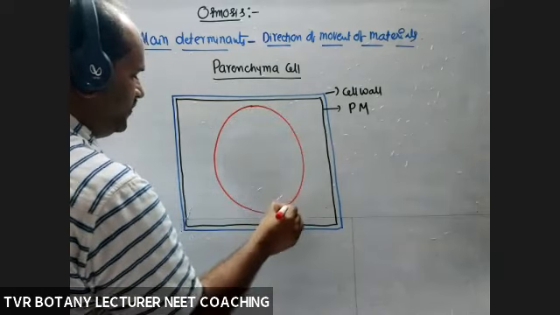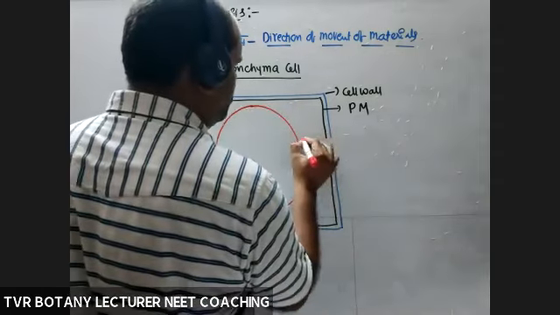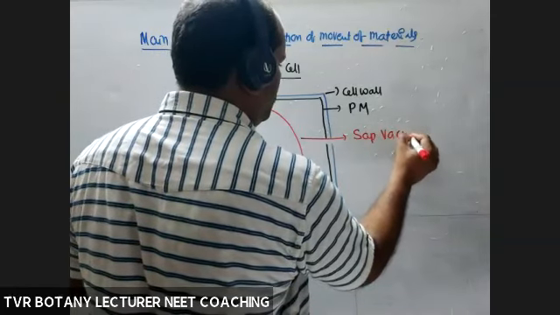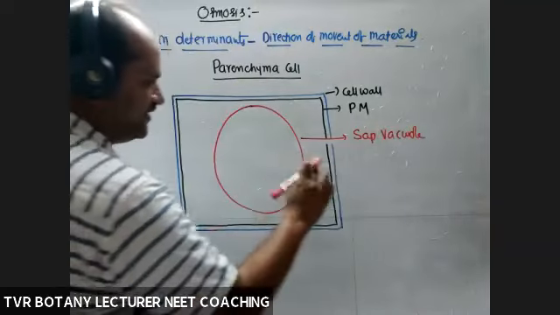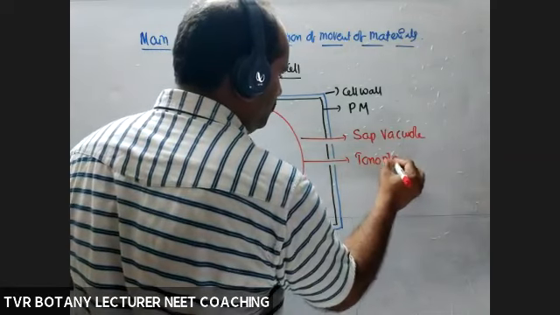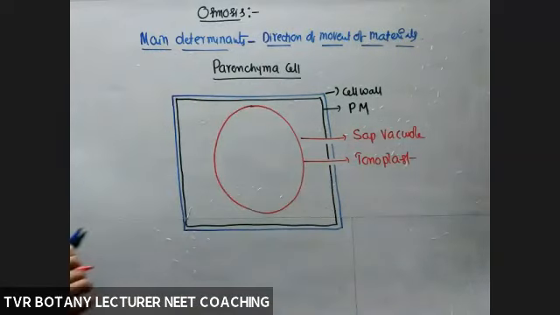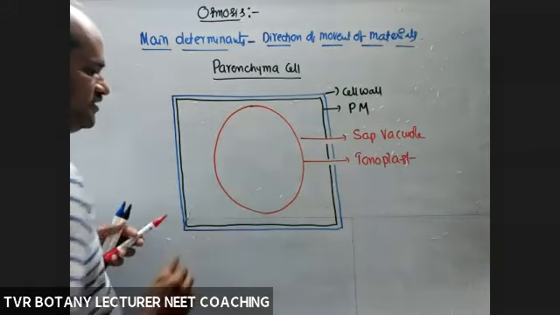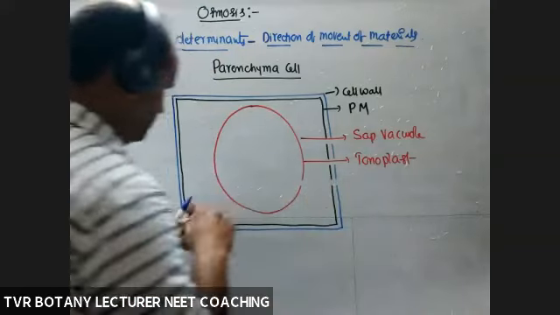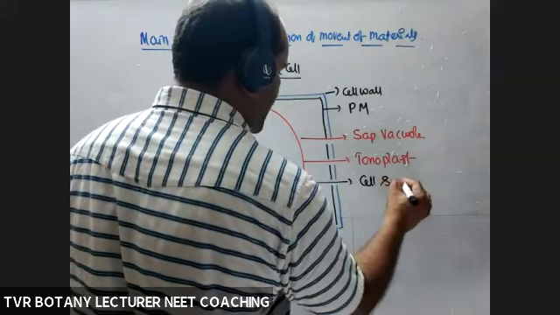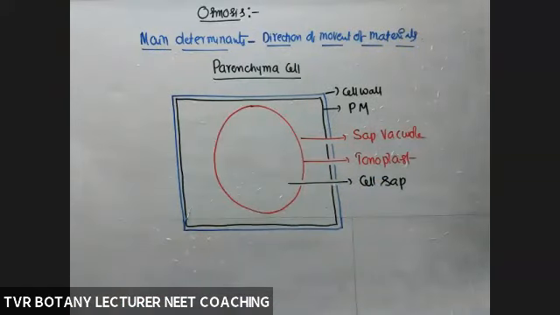This is a sap vacuole, and this membrane is the tonoplast, the membrane of the vacuole. Inside this one, some fluid solution is present. That is the cell sap, or vacuoloplasm.